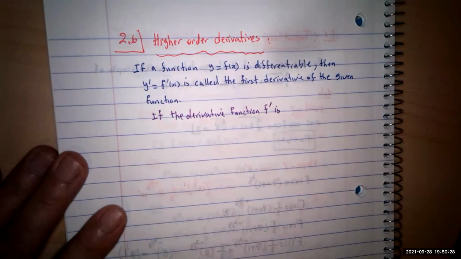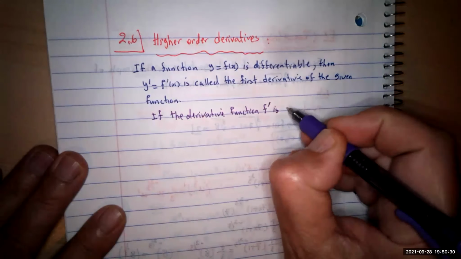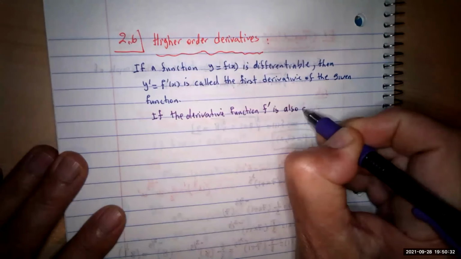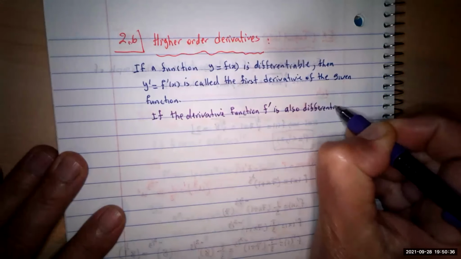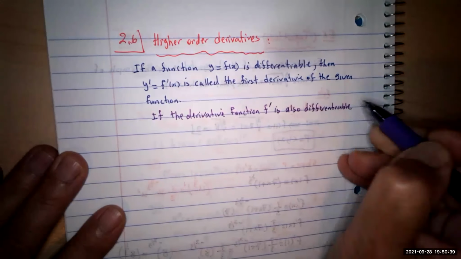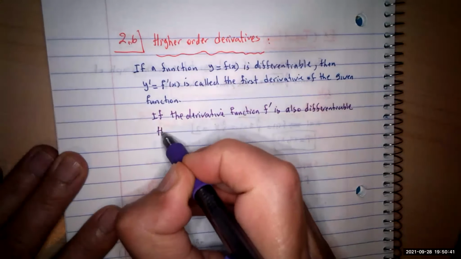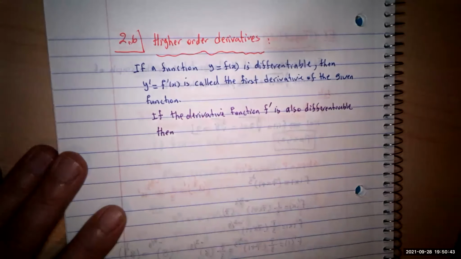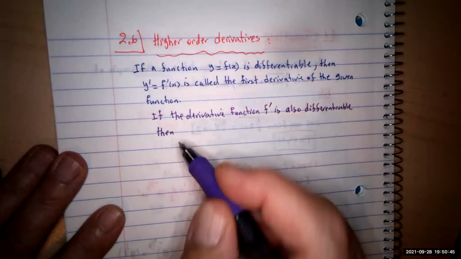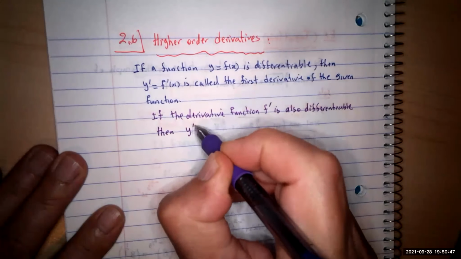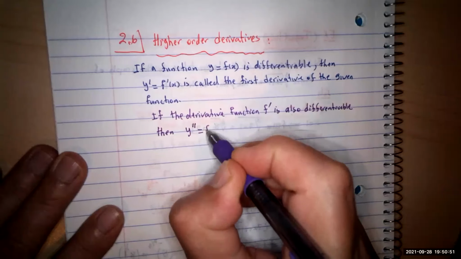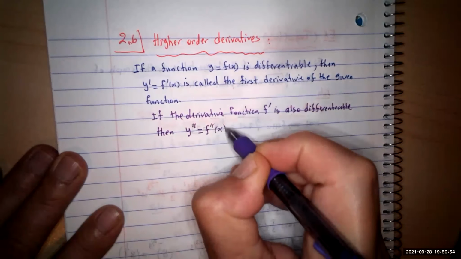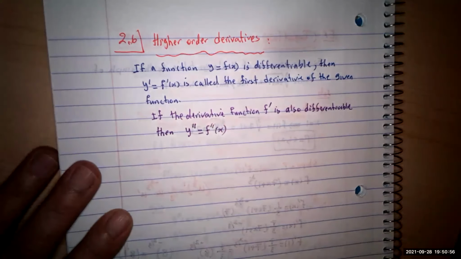So if the derivative function f prime is also differentiable, then we differentiate it. That was y prime, now you write y double prime equal to f double prime of x. This is going to be called the second derivative of the function f.